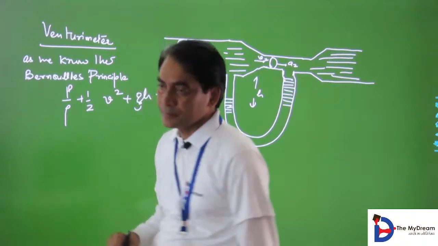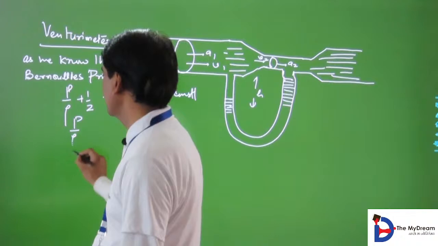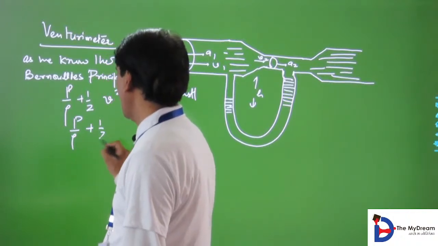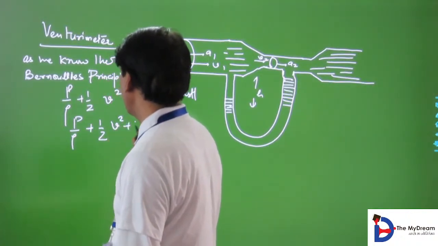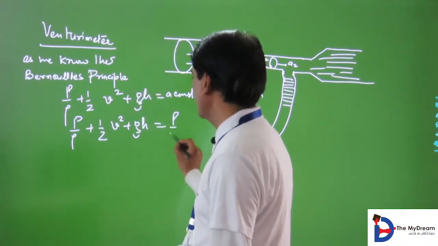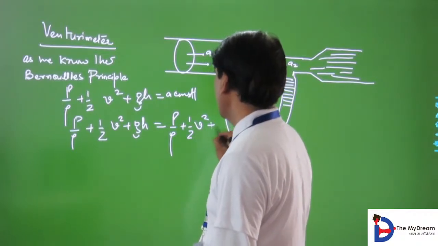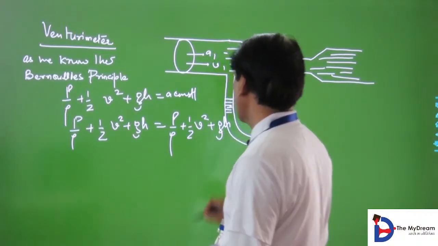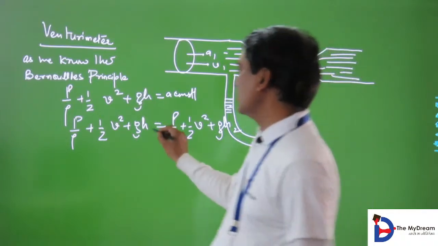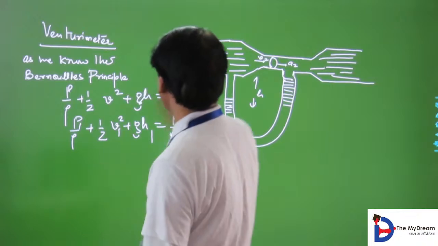This is h2, this is h1, this is V1, this is V2, this is pressure P1 at this section.